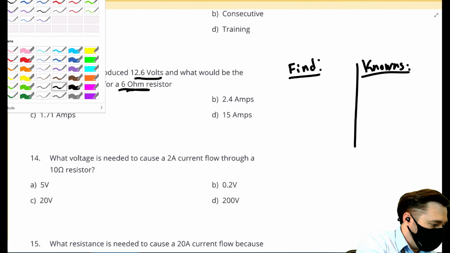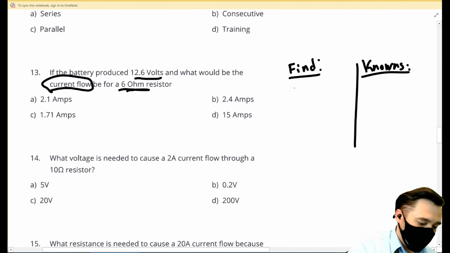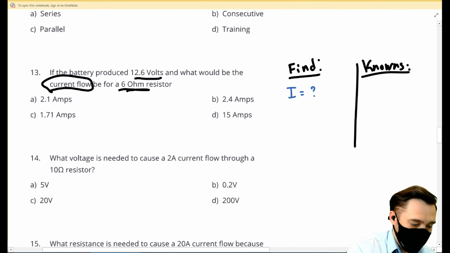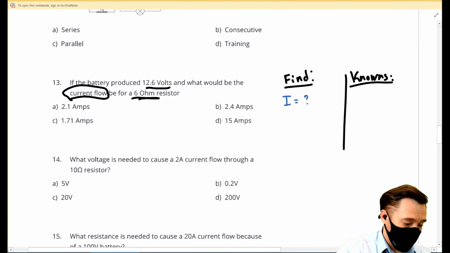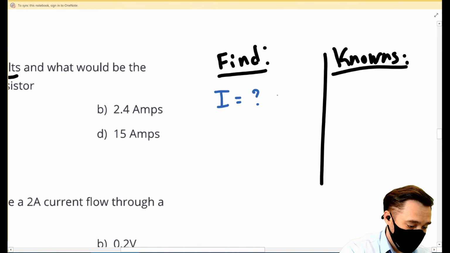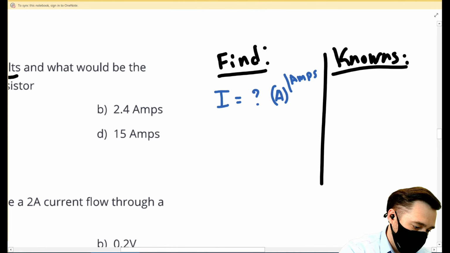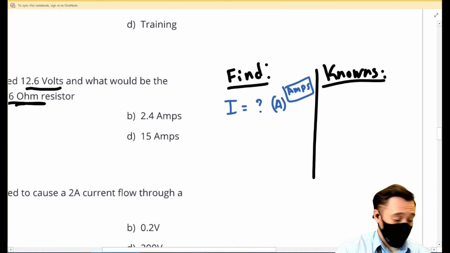Current is going to be represented by the letter I. So I is current. And that's what we're trying to find in this particular problem. And this is going to have units of amps. Cool. So that's our find.